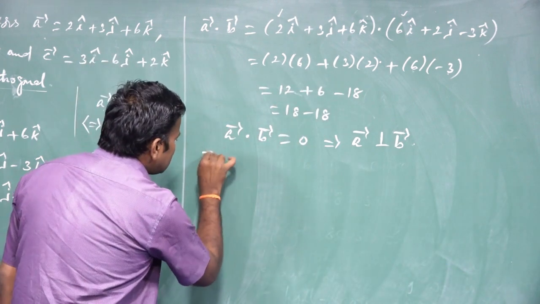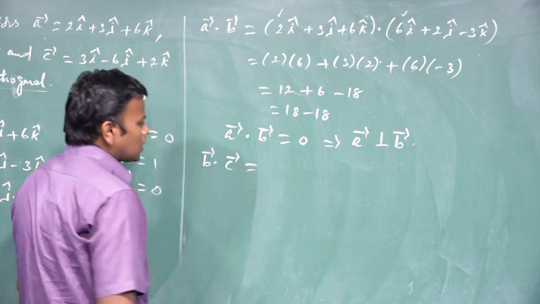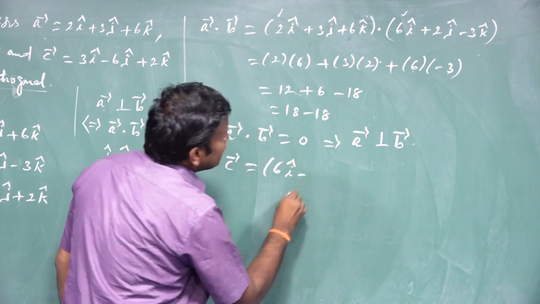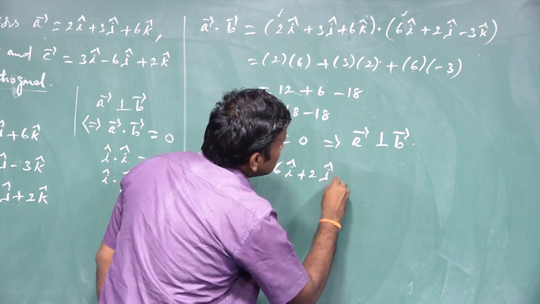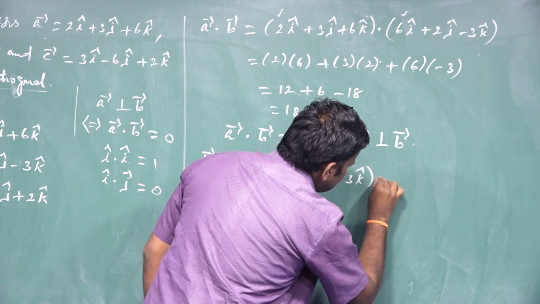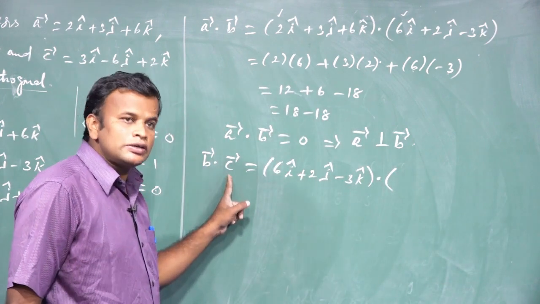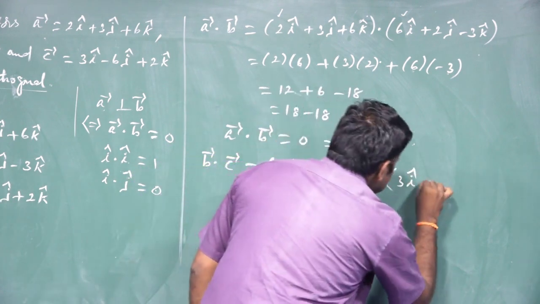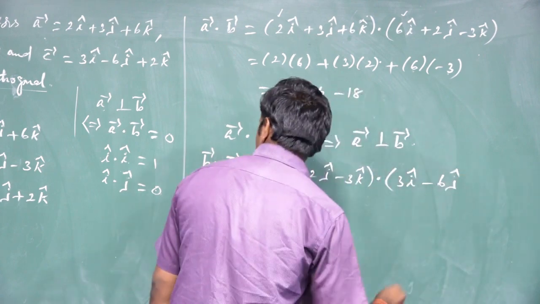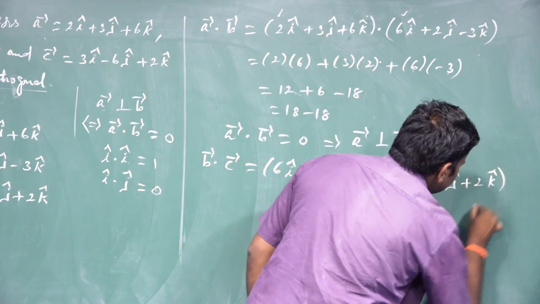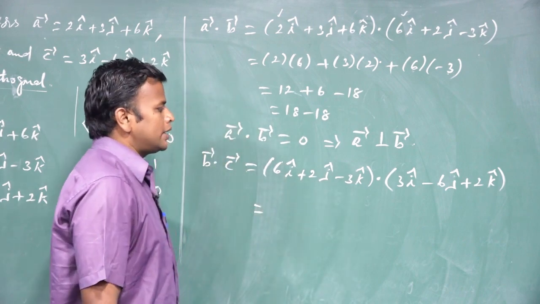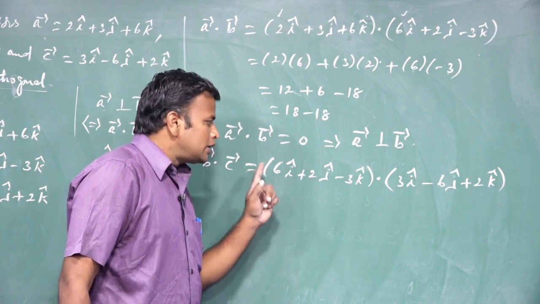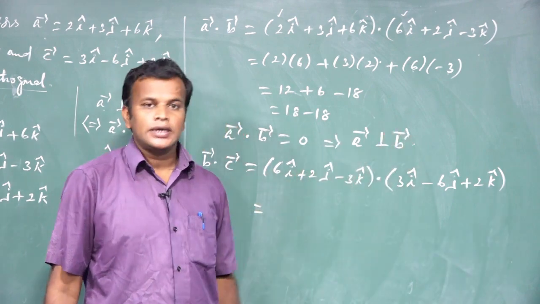Now to find b vector dot c vector. The value of b vector is 6 i cap plus 2 j cap minus 3 k cap, dot the other vector, c vector. The value of c vector is 3 i cap minus 6 j cap plus 2 k cap. Now to find the dot product of these two vectors, we already explained, we multiply only the same i cap, j cap and k cap.